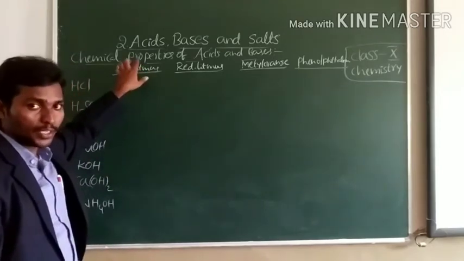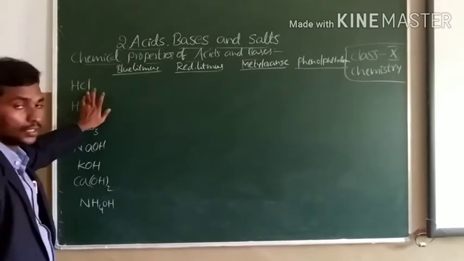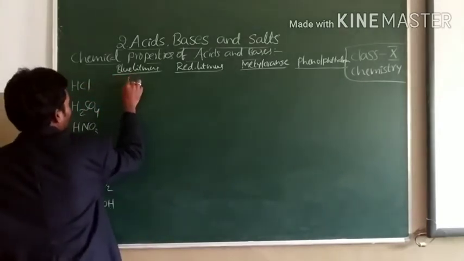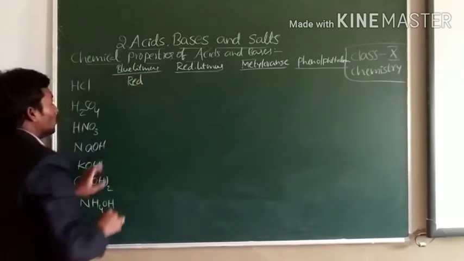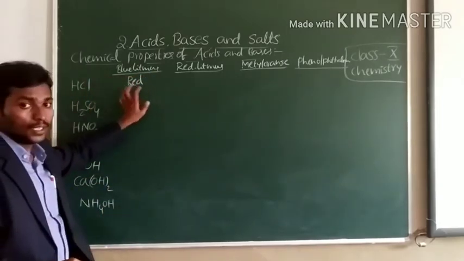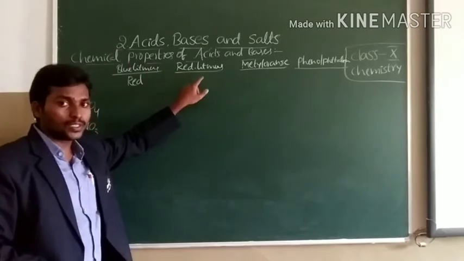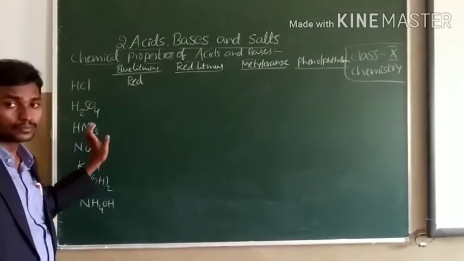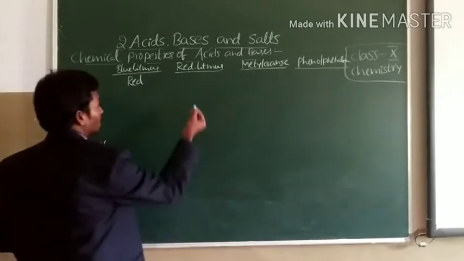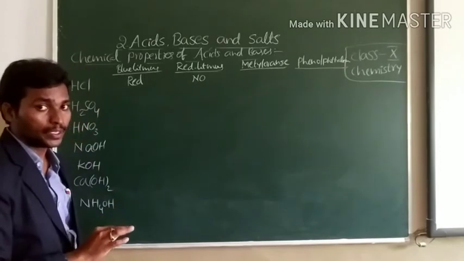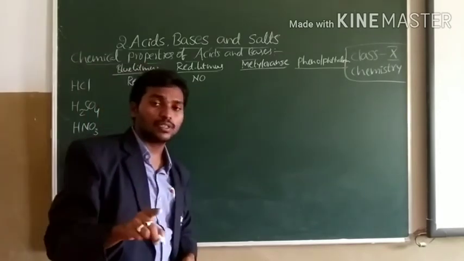When you place blue litmus in HCl solution, the blue litmus changes to red. If blue litmus turns red, then HCl is an acid. Now, when you place red litmus in HCl solution, there is no change. It is not a base.